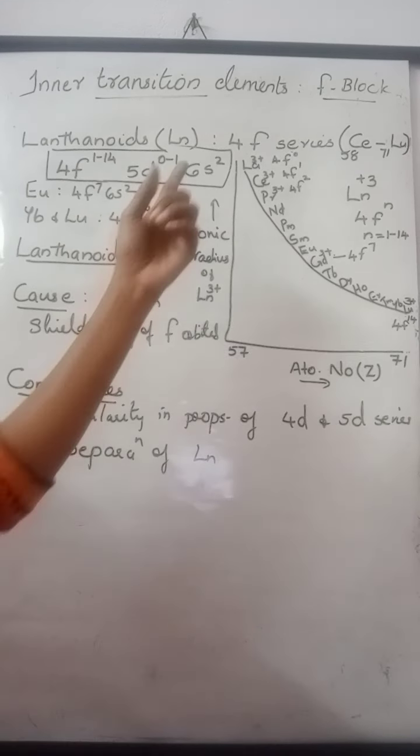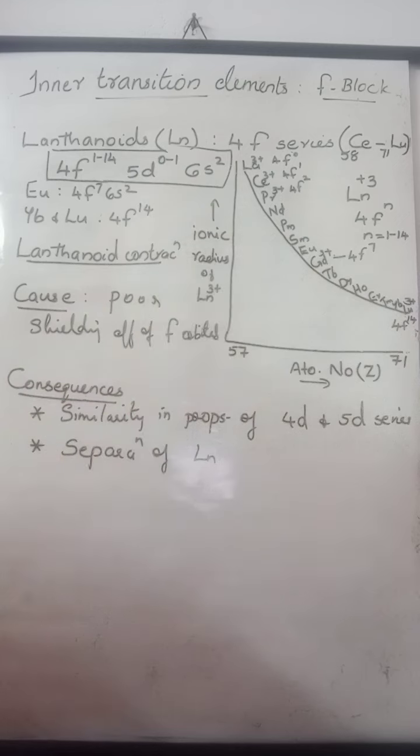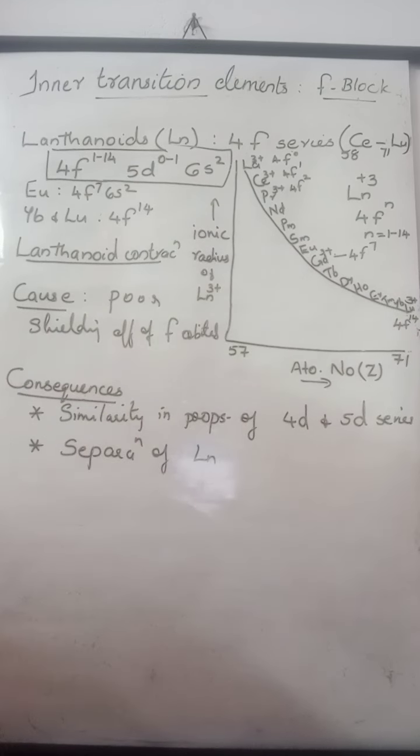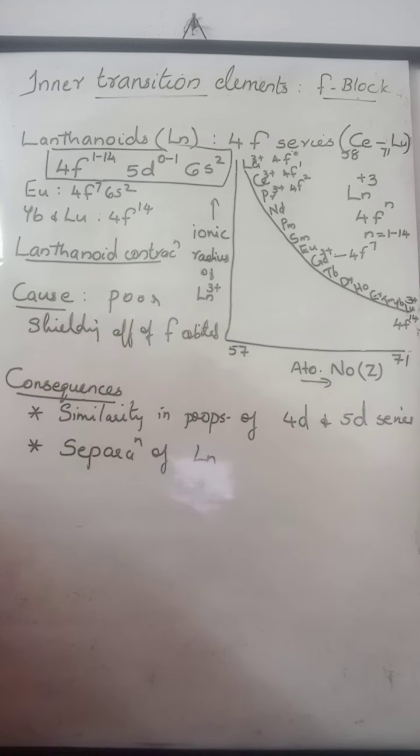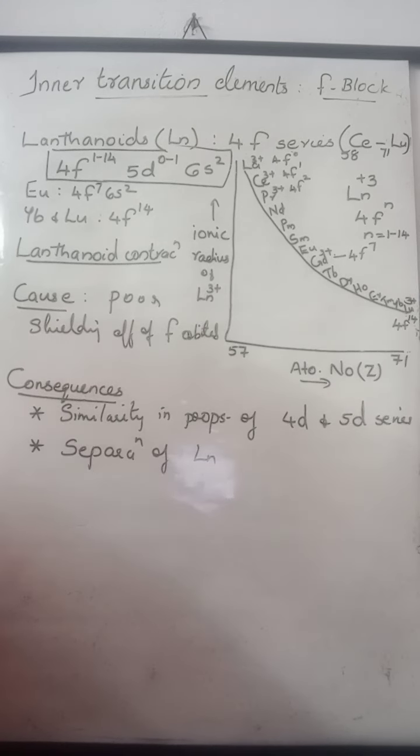Lanthanoid elements from lanthanum to lutetium resemble one another in their properties. Their properties are closer than the properties of transition elements. So because of similar properties, their separation is very difficult.